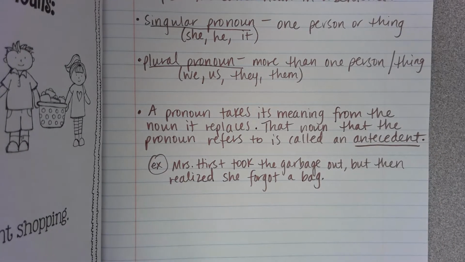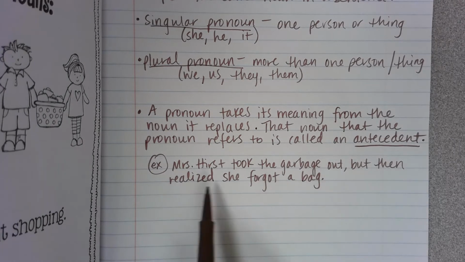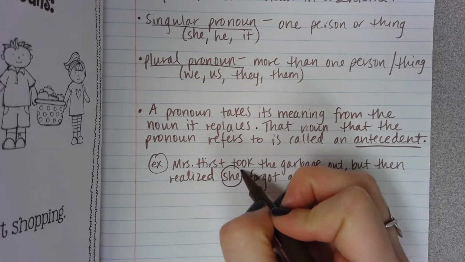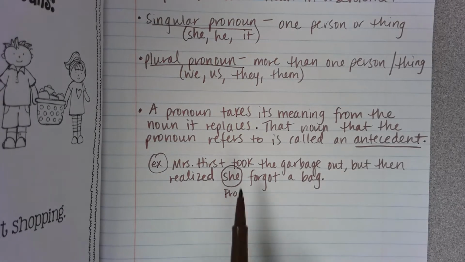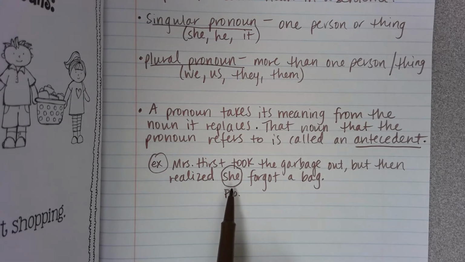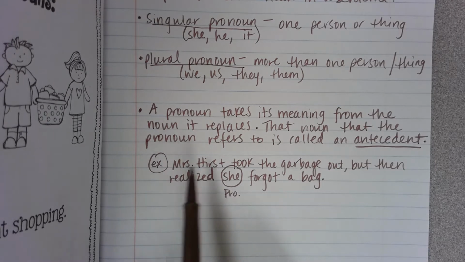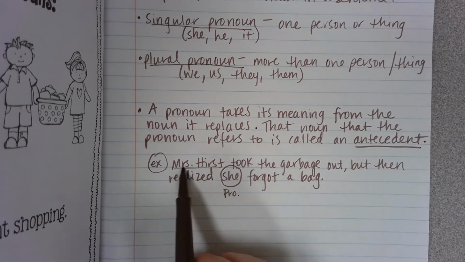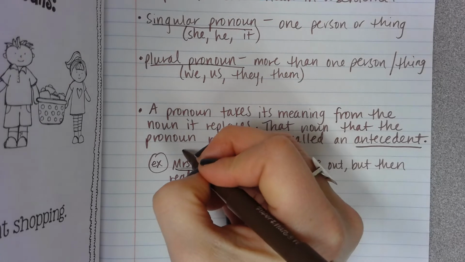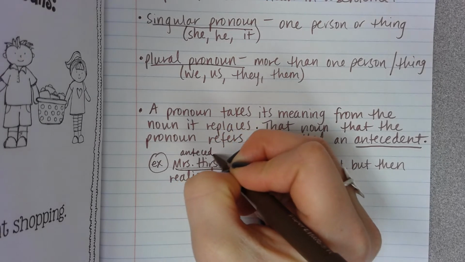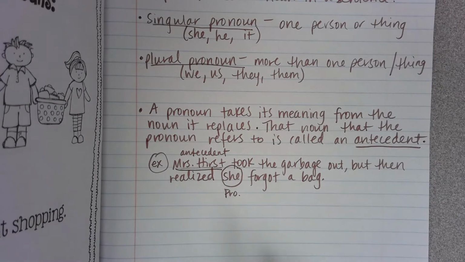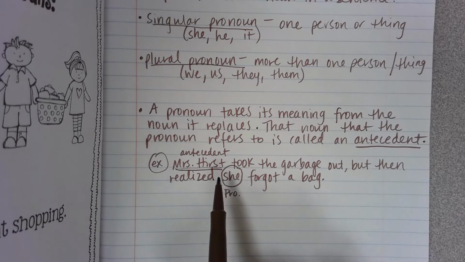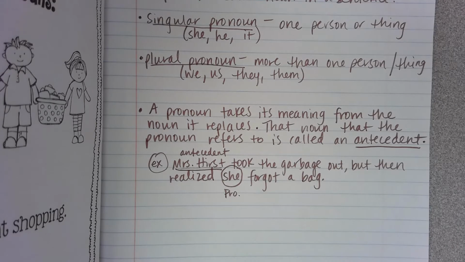Okay, now when you're looking through this sentence and you find the pronoun, you notice that she is the pronoun, and I'm going to label this the pronoun. Okay, now what is this pronoun replacing? This pronoun is replacing Mrs. Hurst. So Mrs. Hurst would then be the antecedent in the sentence. Okay, so it's the original noun that the pronoun is replacing, who that pronoun is referring to.